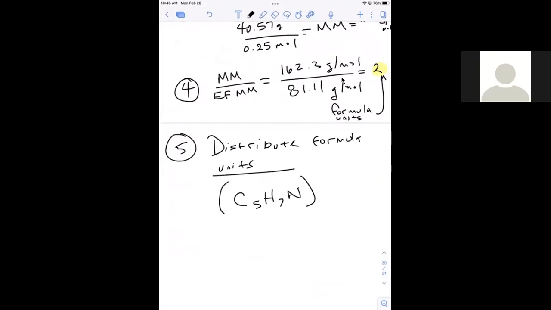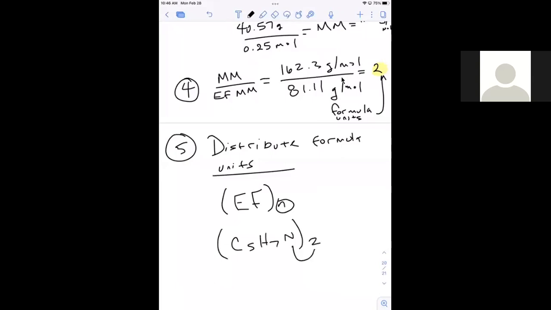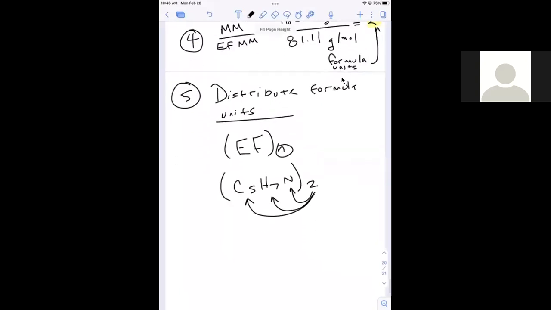Yes. So let me back up because I want to make sure we understand what we're doing. We're going to take the empirical formula, C5H7N, and this is the number of formula units that we just calculated. We're going to put a 2 here, and we're going to distribute that through the whole thing. This is how we get our molecular formula.